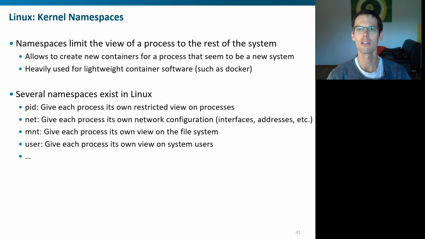So there's a possibility to hide other users on the system from the current one. And namespaces are thus heavily used for container systems because they allow you to give the isolated process the illusion that it runs on a fresh system where it runs alone, although there are plenty of other processes running next to it.